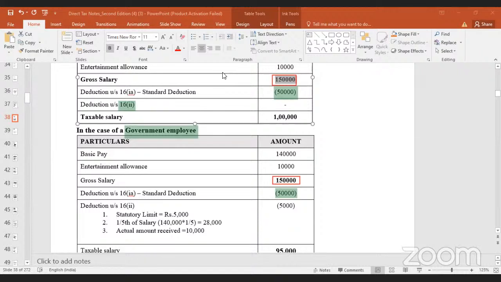So you see 5,000, 28,000, and the actual amount of EA received, EA being entertainment allowance received, 10,000. Among which one is lower? 5,000 is lower. So I'm going to bring this 5,000 to the outer column. So 1,50,000 minus 50,000 minus 5,000. Taxable salary is going to be 95,000.